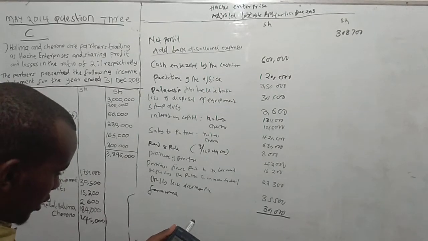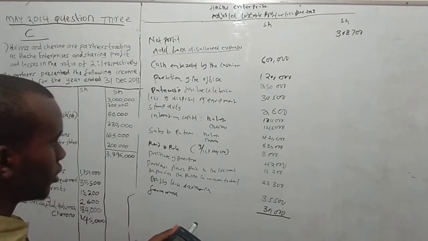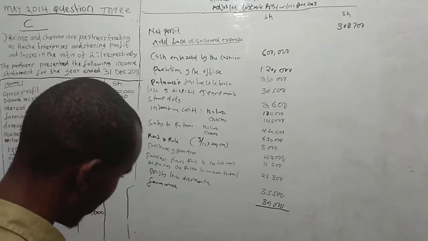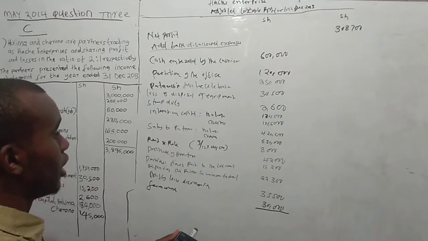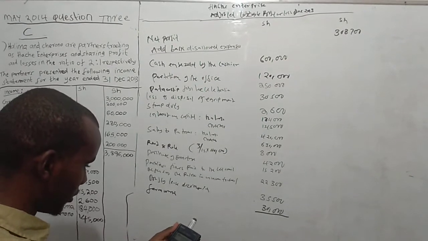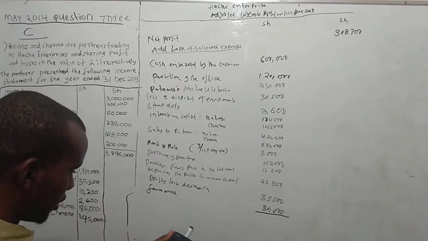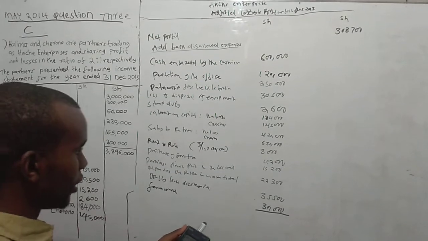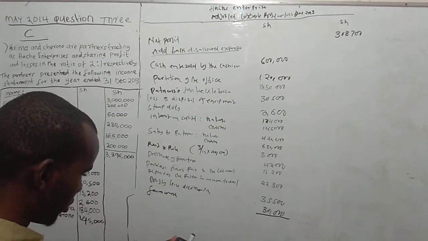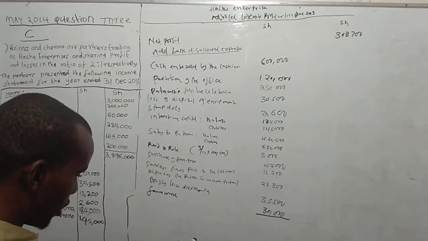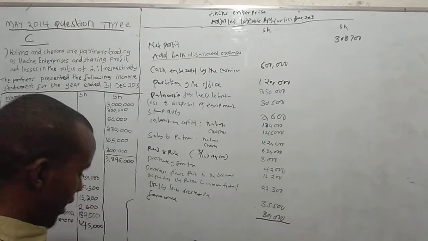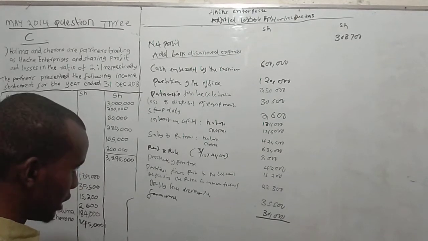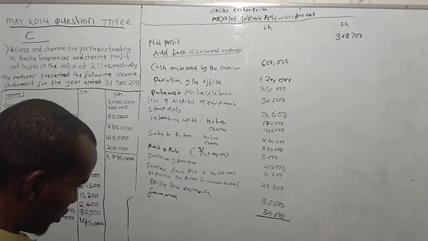I add 184,000. I add 145,000. I also add 420,000. I add 630,000. I add 8,000. I also add 42,000. I add 15,200. I add 22,300. I add 35,500. Lastly, I add 30,000.